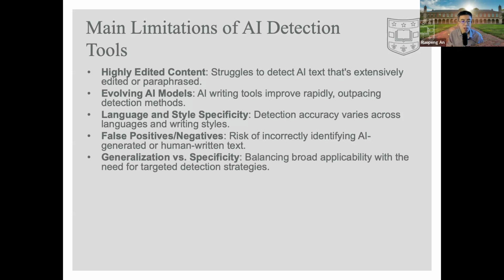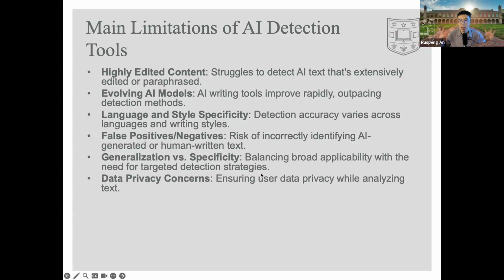And also, the AI detection tools have to balance between generalizability and specificity. Because most of the tools are built for general tasks, but few are built for specific, targeted languages or domains.